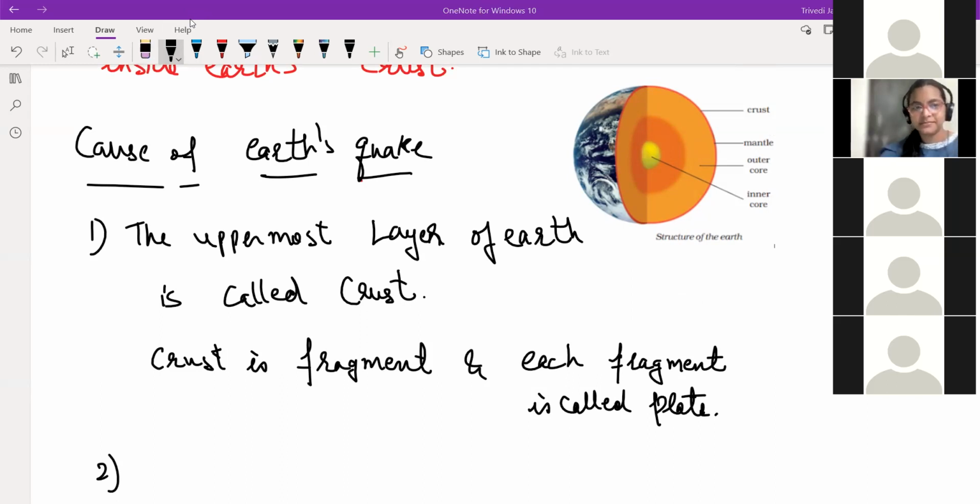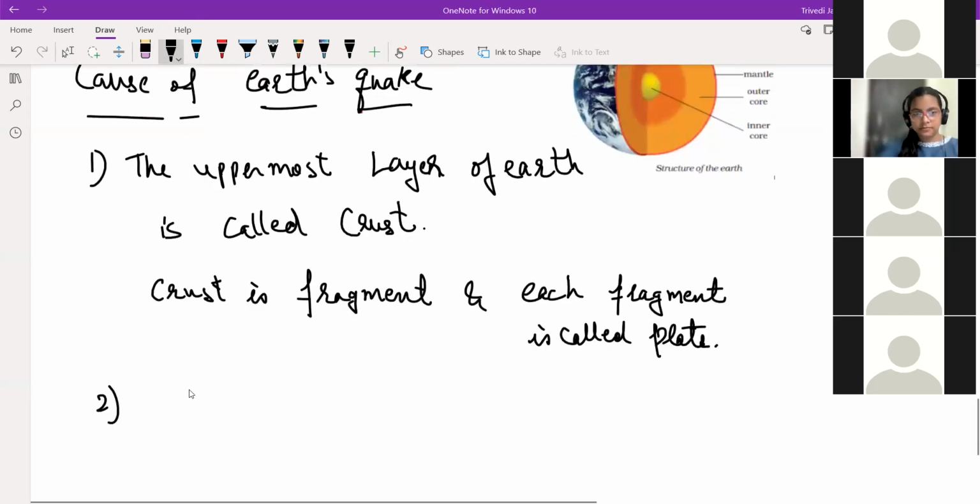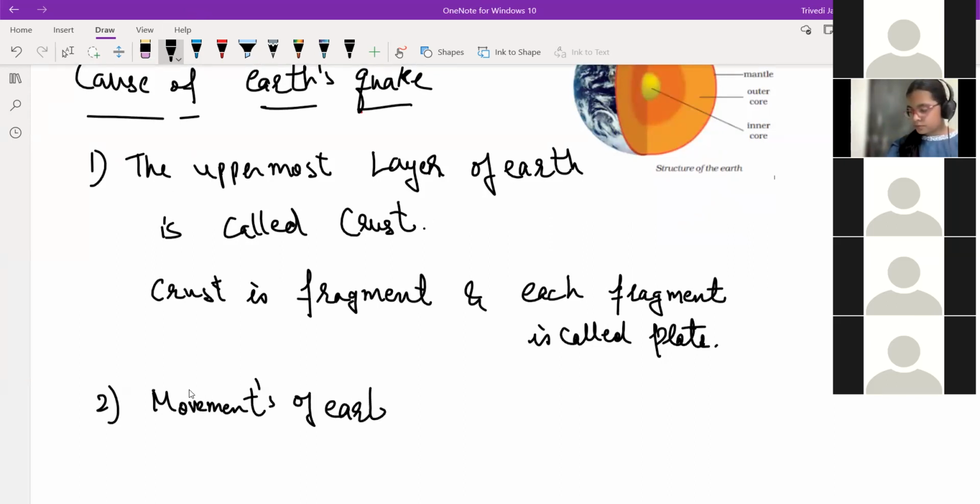That's what my next point is. So, movement of Earth's plate. Okay, how it moves, maybe collision or something between them, boundaries, anything it can be.